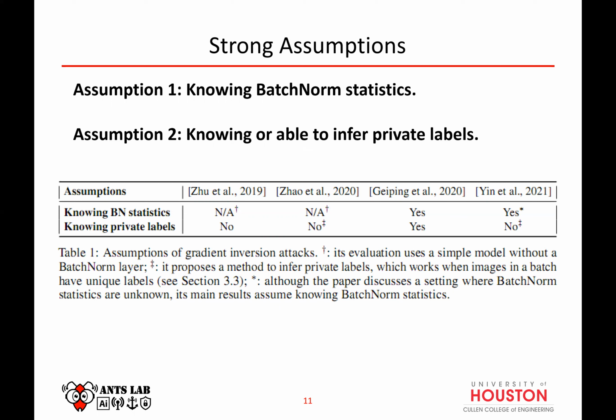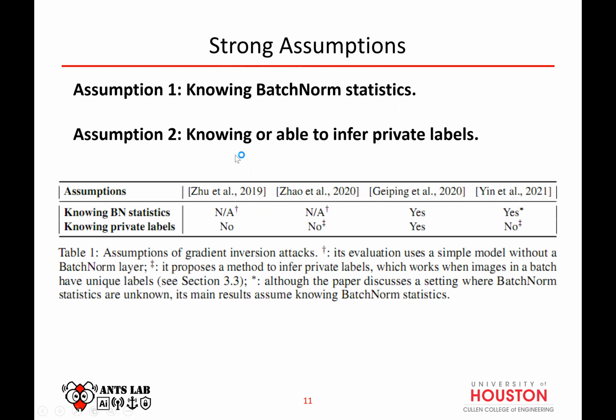If it is known, the attacker can apply the same batch normalization used by the private batch on his recovered batch to achieve a better reconstruction. But this information is not always necessarily shared in federated learning. So the assumption is too strong.